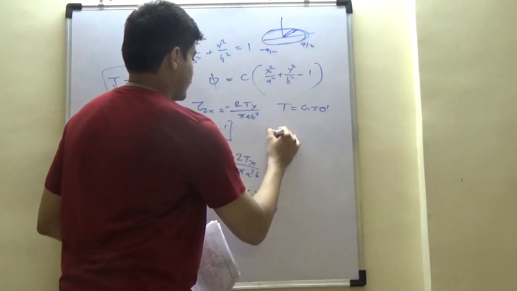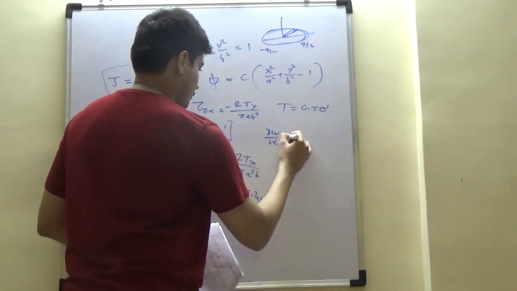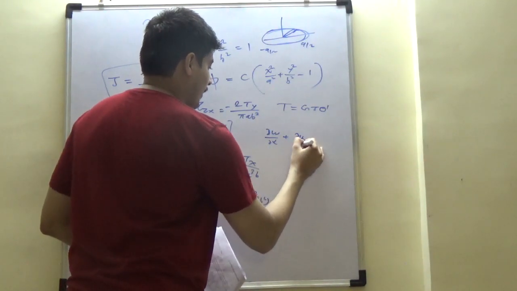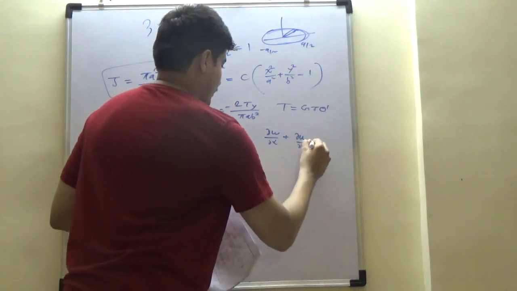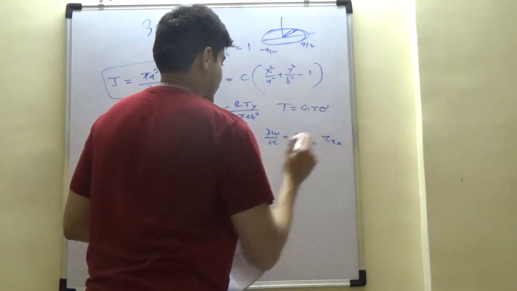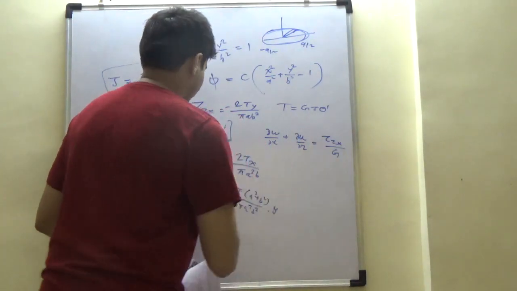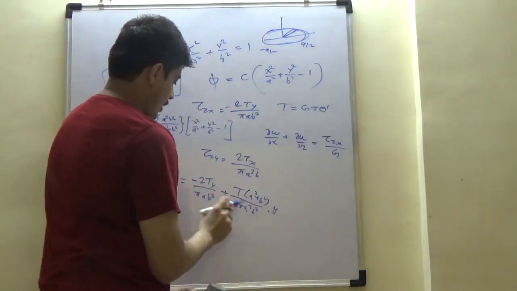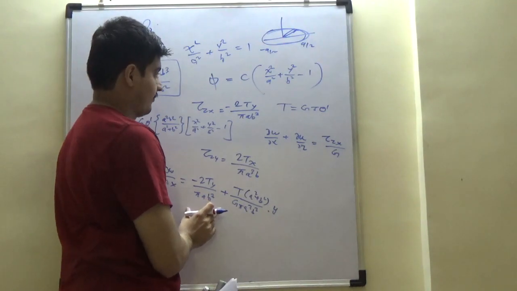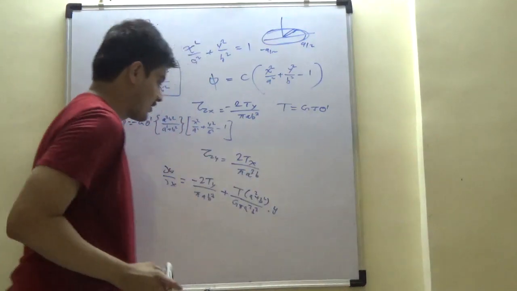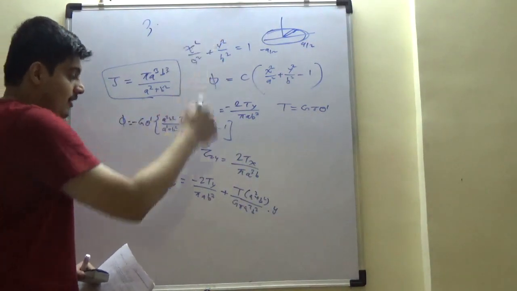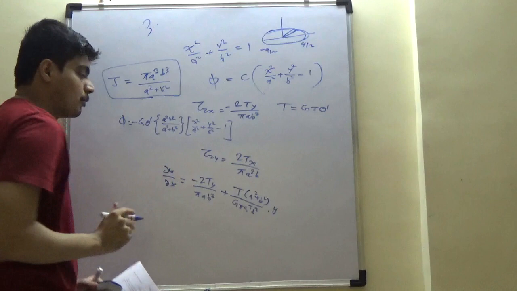What I am doing is del w by del x plus del u by del z is tau zx upon G. Are you extremely clear about this? I have used the strain relations to derive, based on the displacement fields, del w, the first principle.